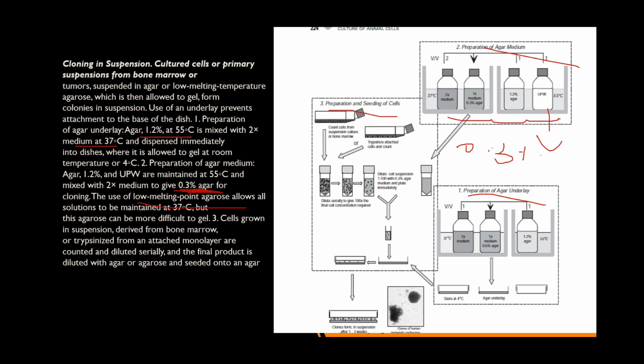You can see the cells are grown in suspension derived from bone marrow, or trypsinized from an attached monolayer, and these are counted, serially diluted, and the final dilution is made with agar or agarose, and it is seeded. You can see the cells are seeded onto the agar underlay. So this is how cloning in suspension is done using agar as an underlay.